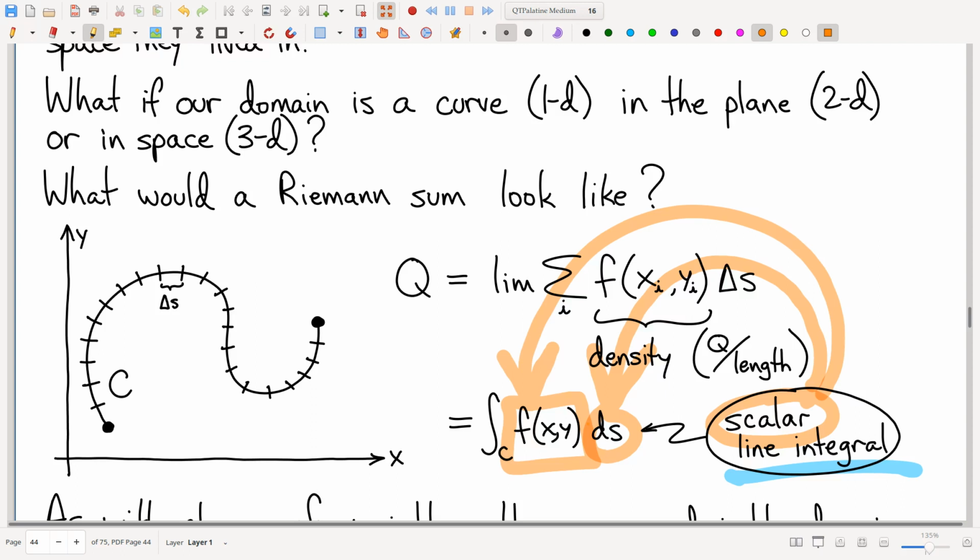We haven't even begun to think about such a thing. But there is another kind of integral, we'll see it on Wednesday, where both the integrand and the differential will be vectors. We will then call that new construction a vector line integral, but we're not there yet. This is called a scalar line integral.